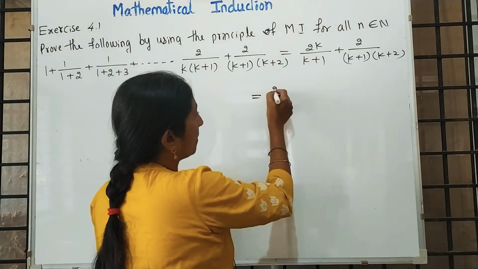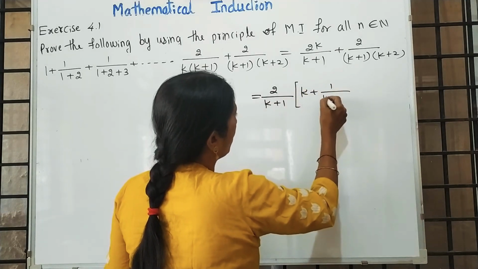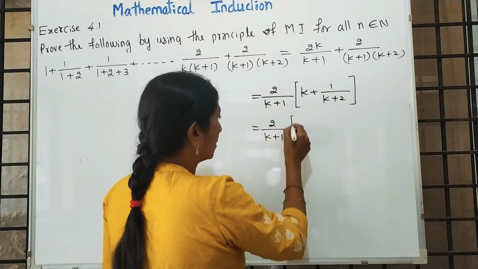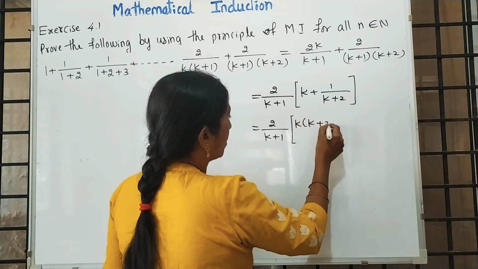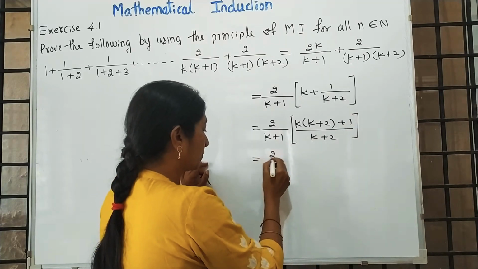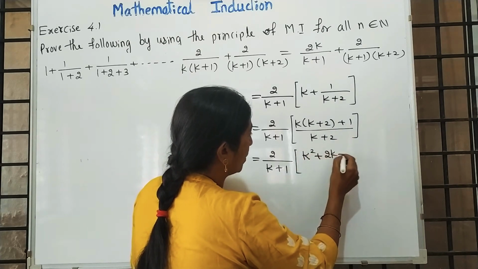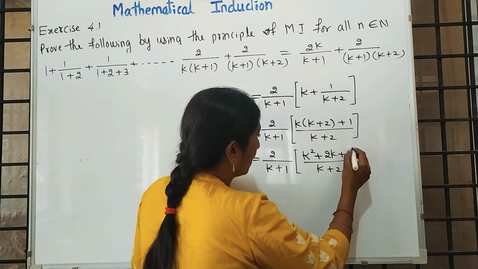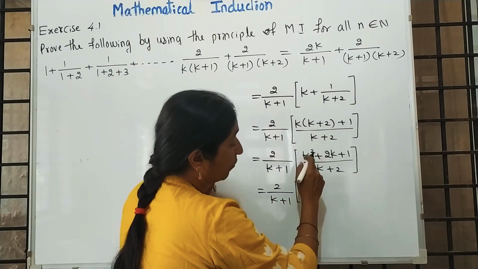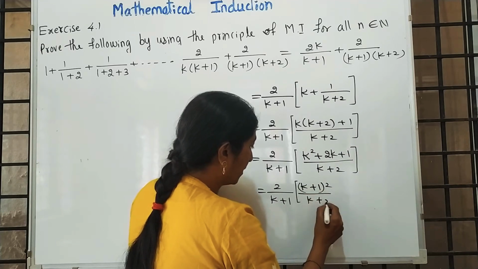Yes. 2 upon k plus 1 common: k into k plus 2 plus 1 upon k plus 2. 2 upon k plus 1, k square plus 2k plus 1 divided by k plus 2. 2 upon k plus 1, and it is a square plus b square plus 2ab form. K plus 1 whole square divided by k plus 2.